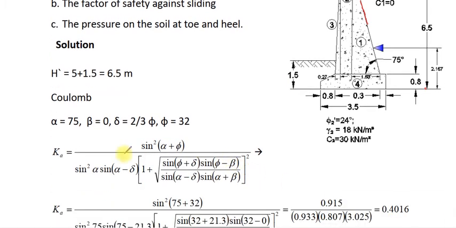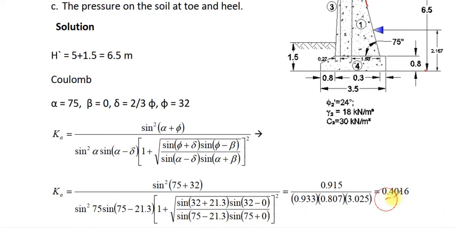Now replace alpha and beta with their values. Gives us K active equal to 0.4016. Here alpha equal to 75, phi equal to 32, and delta equal to 21.3.